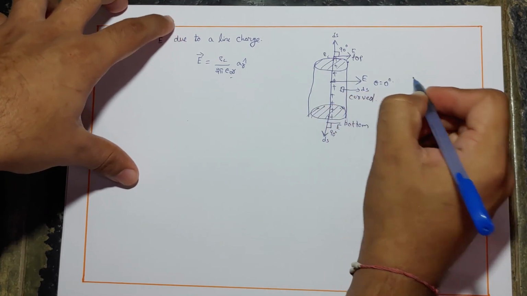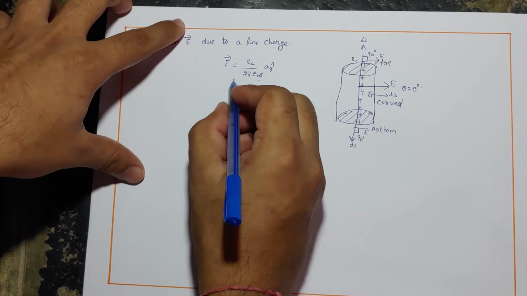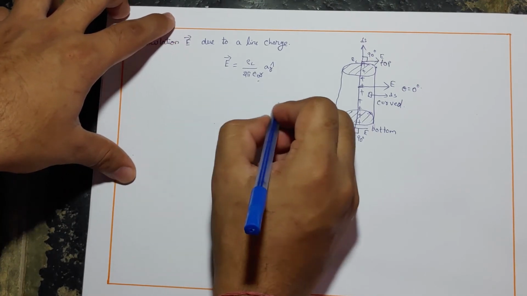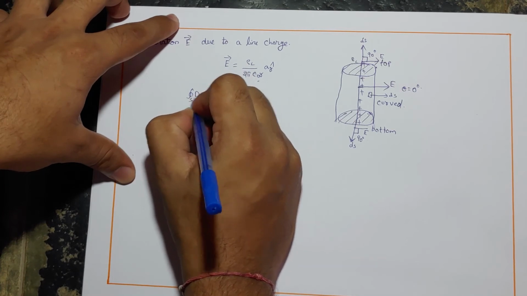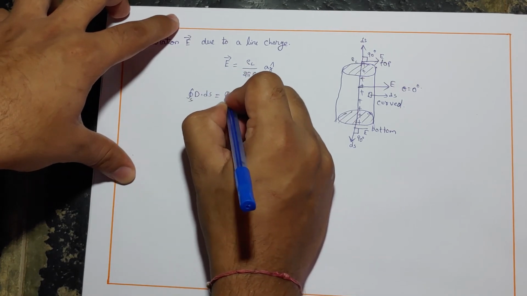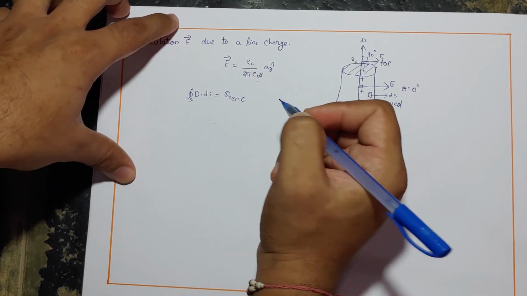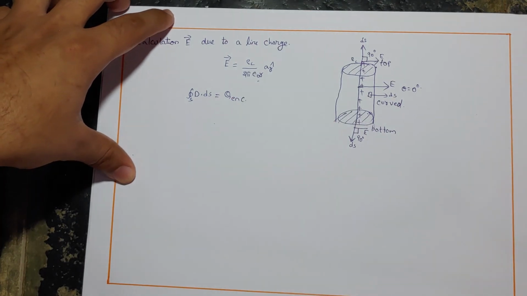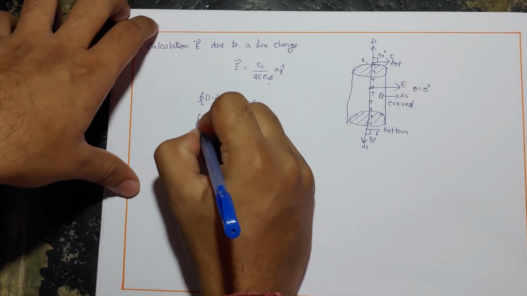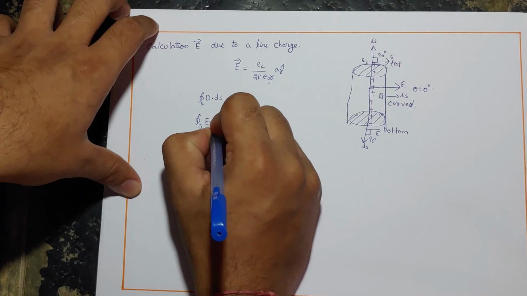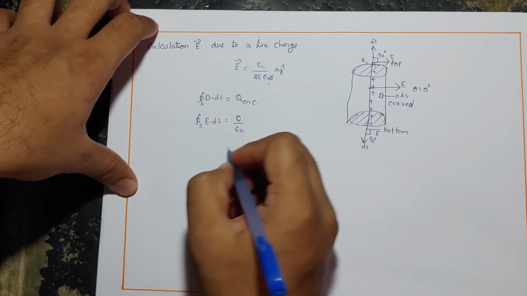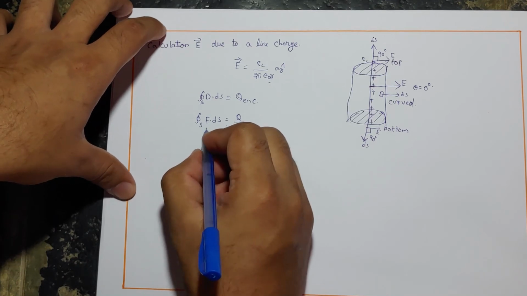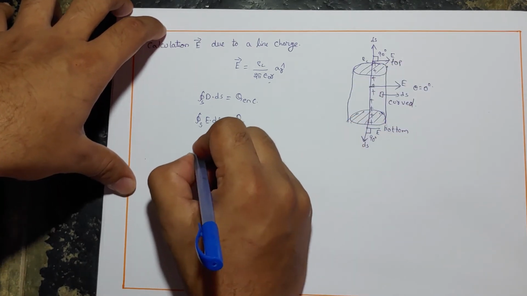Now let us split it. We know that closed surface integral of E dot ds is equal to q enclosed according to Gauss law. Let us write this as E dot ds is equal to q by epsilon naught, and split this as per the regions.